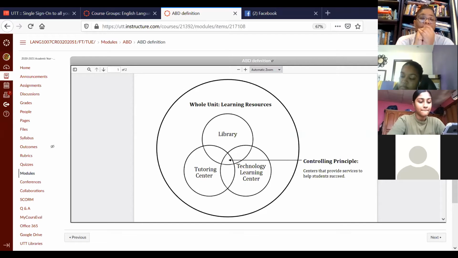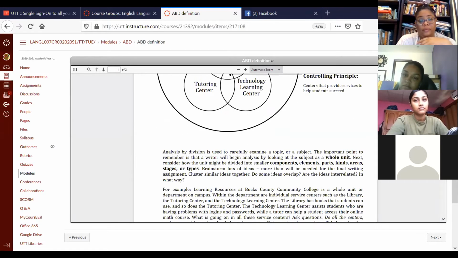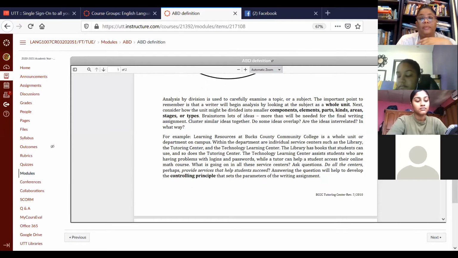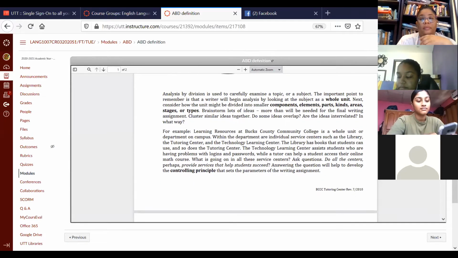So these are three different divisions inside of a learning resource center that should help students, right?